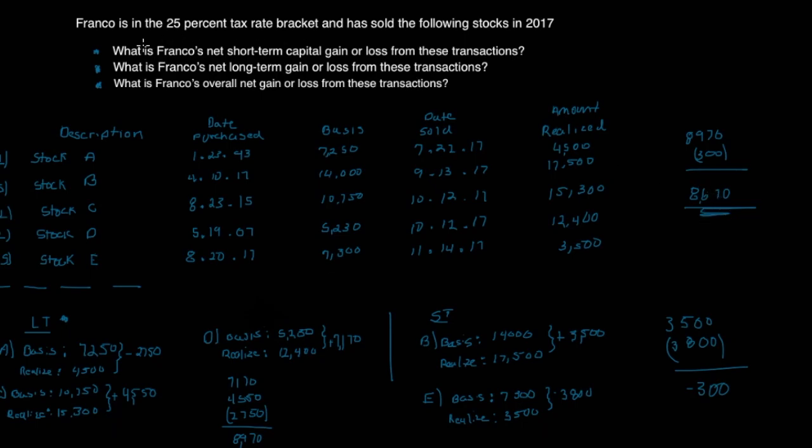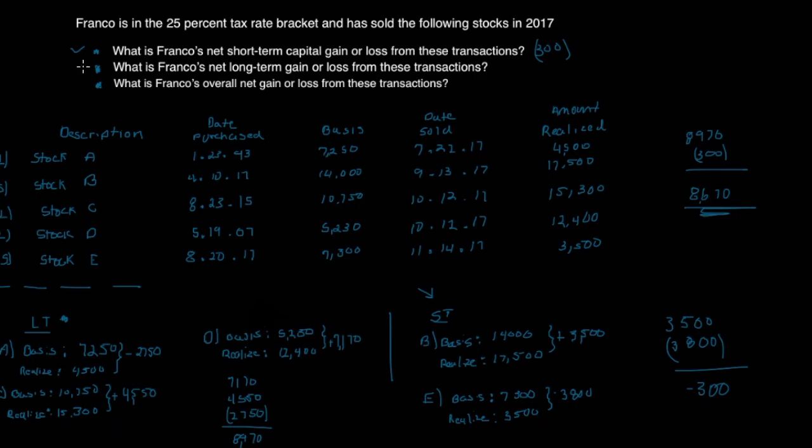And up here, question 1, what is Franco's net short-term capital gain or loss from these transactions? So we go over here to our short-term. This is our gain, this is our loss. Over here, this is our net. So the answer to number 1 is $300 short-term capital loss.